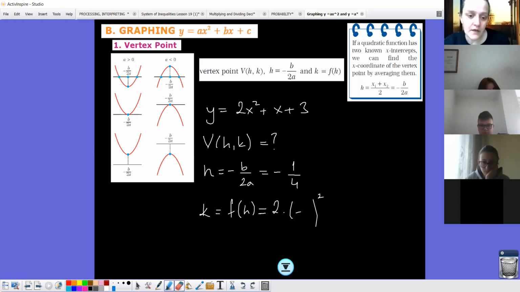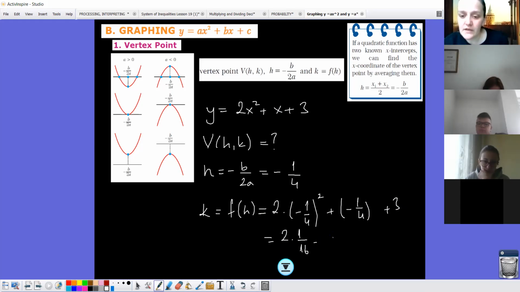So here I have 1 over 4, plus, again, 1 over 4. Instead of x, I'm writing minus 1 over 4 and plus 3. You will do this operation and you will find k. And it will be 2 times 1 over 16 minus 1 over 4 plus 3. You will do all these operations and you will find k, and you will find the vertex point, okay?